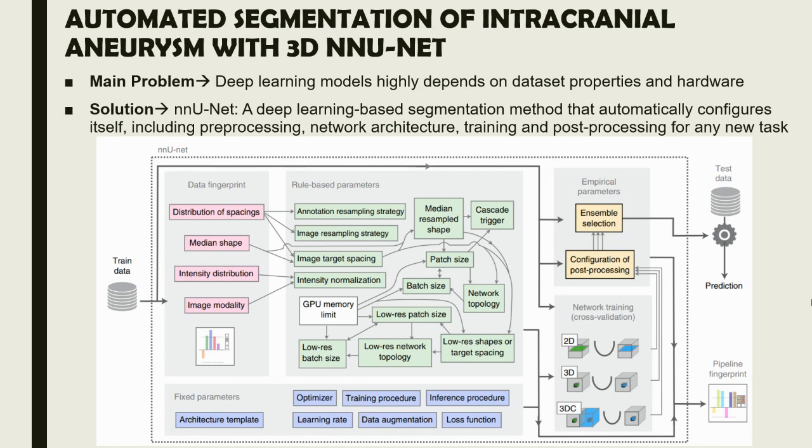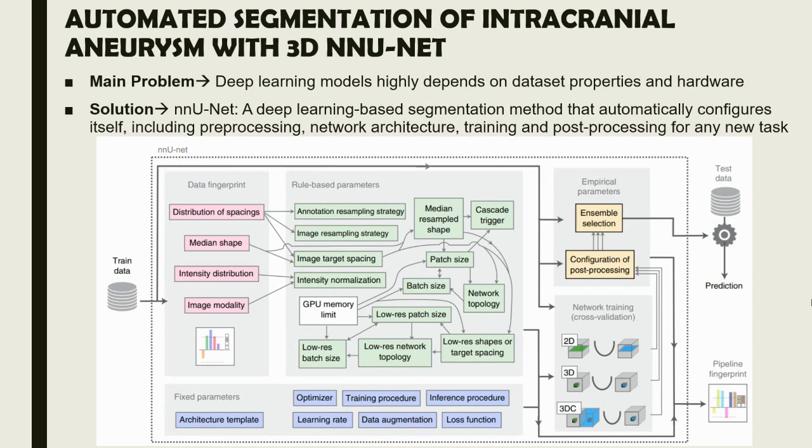nnU-Net is a deep learning segmentation framework that automatically configures itself for different parts: pre-processing, architecture, training, and post-processing. As you can see in the image, training data and dataset will be given to the model, but before the process, it should be passed through different steps.